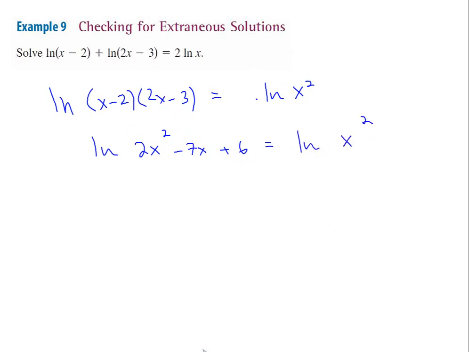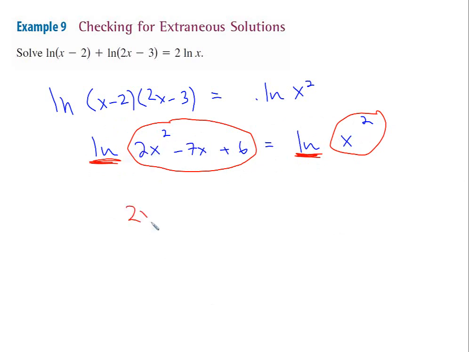So using the same idea that we had before about the logs, if you have a natural log over here and a natural log over here, that essentially means that this and this value have to be equal, because the left side and the right side are going to have to be equal to each other. So since that's the case, we could just take 2x squared minus 7x plus 6, set it equal to x squared.